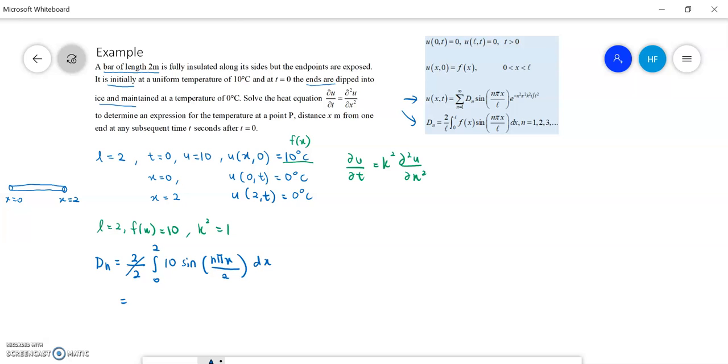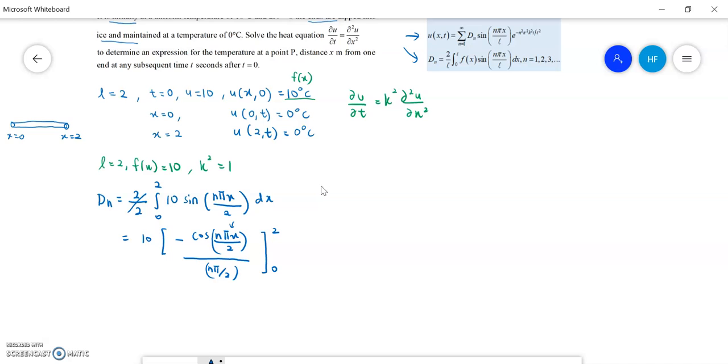So we can take out 10 and then solve the integration, where the integral of sine will be negative cos(nπx/2), and then differentiating the inside, you will get nπ/2, where the limit is from 0 up to 2.